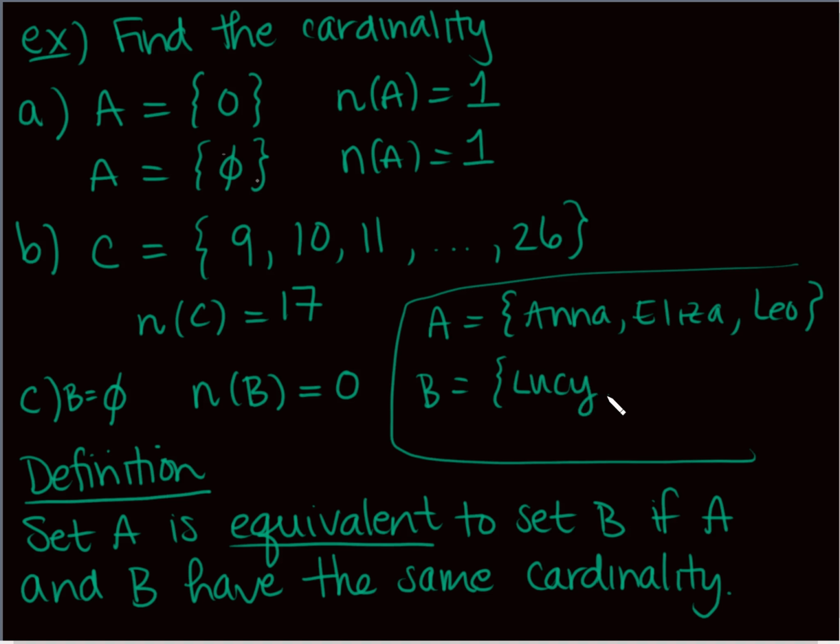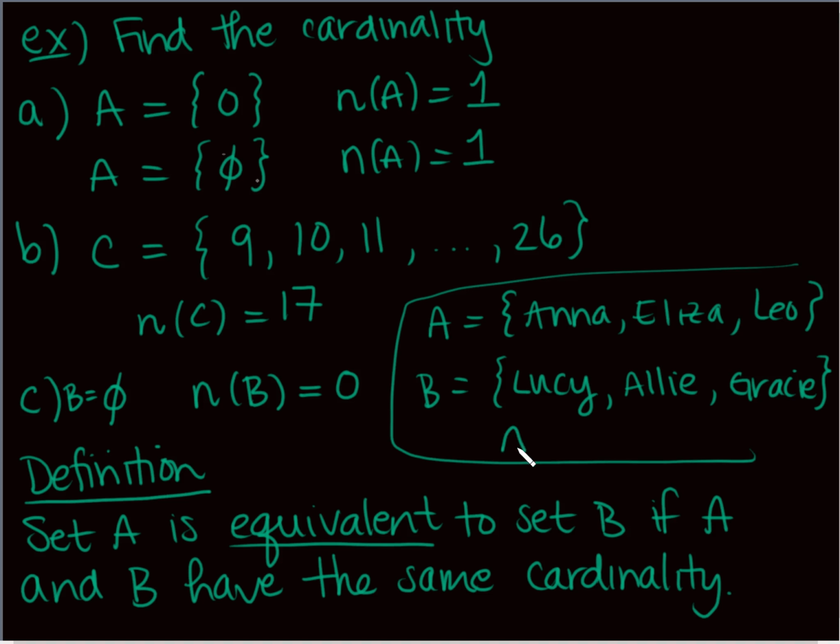Lucy is my dog who I had for 16 years, and I had to put her down this summer, which was one of the hardest things I've ever had to do, but I still consider her an animal, so I'm going to put her in my set. So A is my set of children, B is my set of animals, and we say that A is equivalent to B. I know that's kind of weird, but equivalent just means that they have the same number of elements.